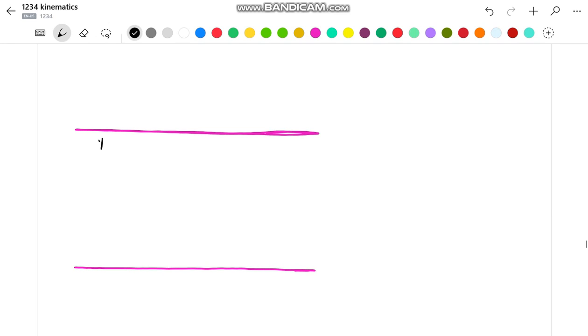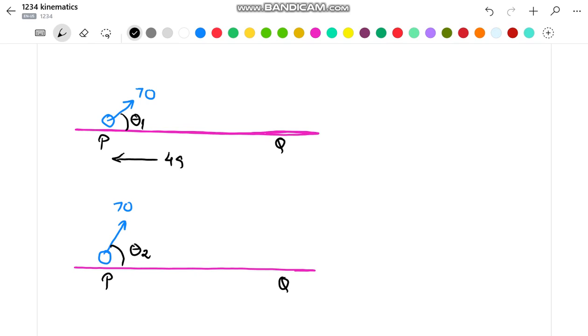Simultaneously, the particles are thrown from the same point P and they again land at the same point Q. It is also mentioned that the speed of both the particles is 70 meter per second. The only difference between these two particles is going to be the angle of projection that I am assuming to be theta 1 and theta 2. Also, the value of range given in the problem is 480 meters.